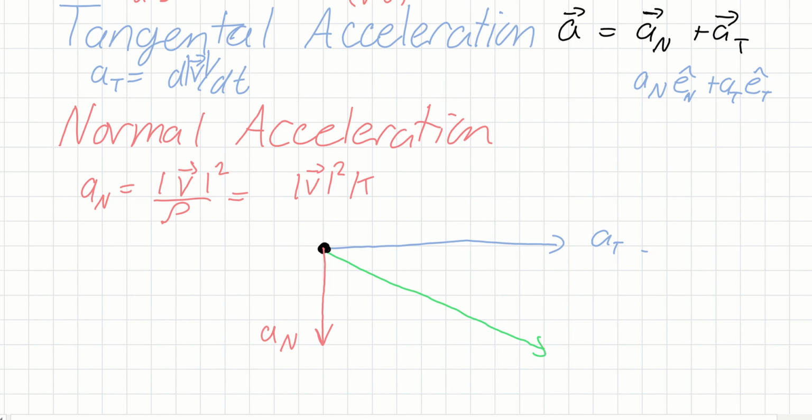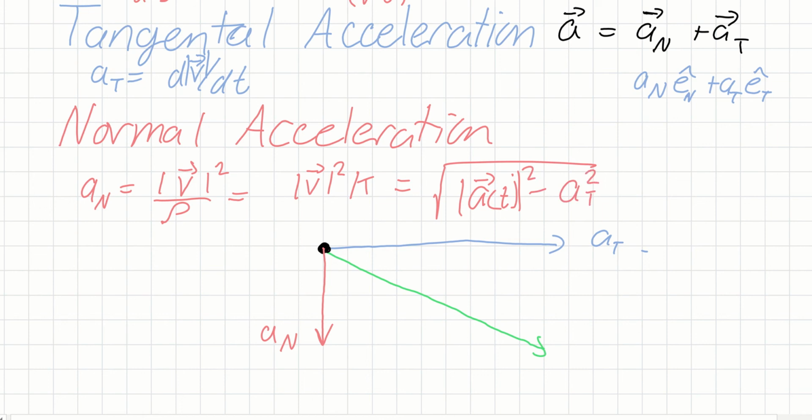And say you don't have k, say you don't have rho, but you have a sub t and you have acceleration. Another way for you to get a sub n is by, again, doing the Pythagorean theorem. So you can get a sub n by doing the magnitude of your acceleration squared minus a sub t squared.